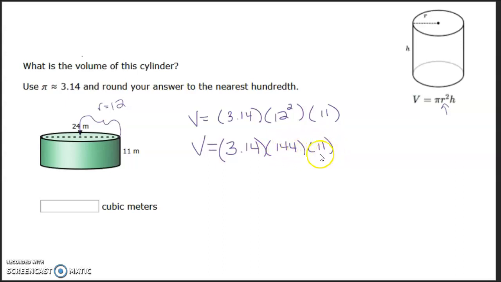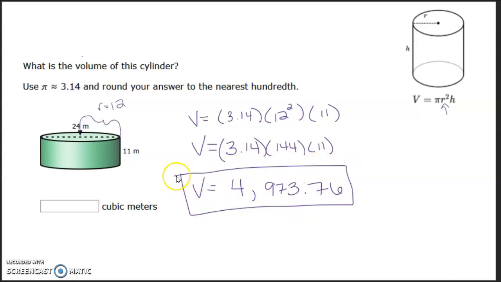And times 11. And again, we can just type this right into our calculators. 3.14 times 144 times 11, which is 4,973.76 is what I got. And that would be your final answer.